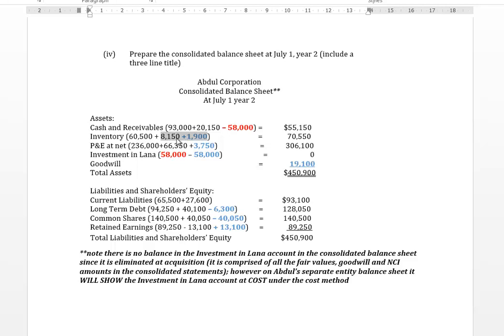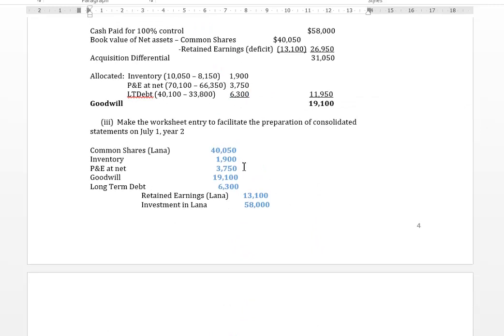I'm picking up as Abdul my carrying value plus the fair value of Lana's, which is the carrying value plus the fair value increment. So I add those three little guys together, I get $70,550. And don't forget, the blue number here, the increment, you can see all the increments I set up here. I set up the increment for inventory, P&E, and I also set up the decrement for the long-term debt.